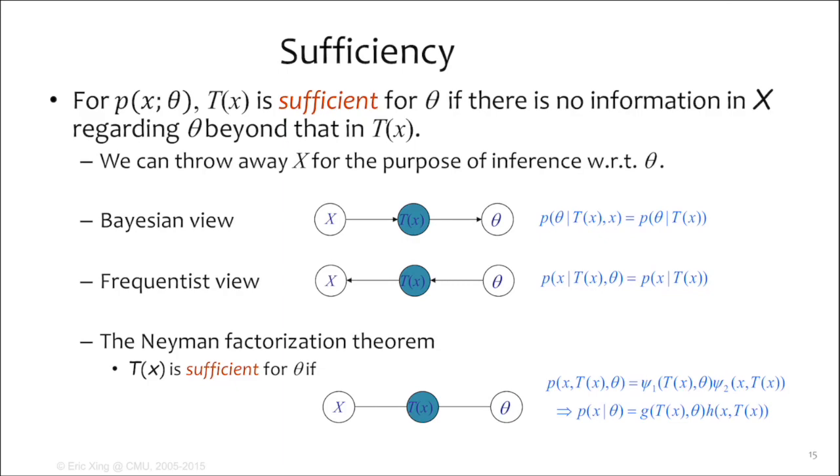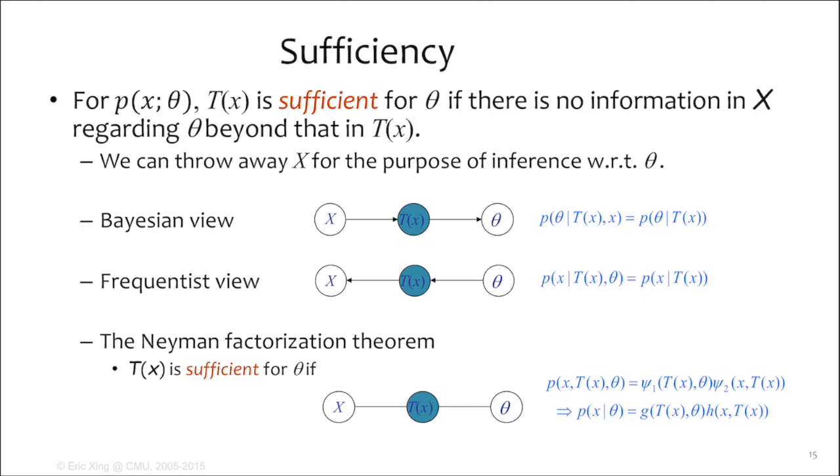So what do I mean by that? You can approach this from two points of view. You can approach it from the Bayesian point of view. You can also approach it from the frequentist point of view. If you are a frequentist, the definition of the sufficient statistic is that you can view x as a random variable.